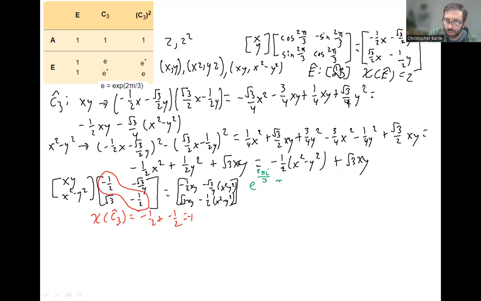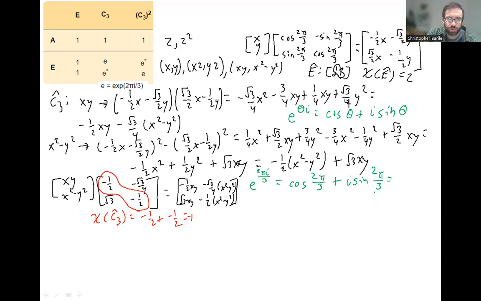Well, Euler's formula tells us that, just to be clear, e to the i theta equals cosine theta plus i sine theta, one of these crazy, beautiful math formulas. So this is going to equal cosine 2 pi over 3 plus i sine 2 pi over 3.